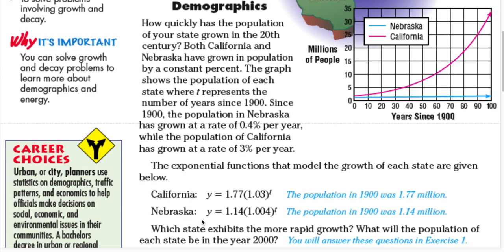Nebraska is 1.14, because the population in 1900 was 1.14 million, raised to the 1.004, and this represents the growth per year in Nebraska. 0.4% is the same as 0.004.